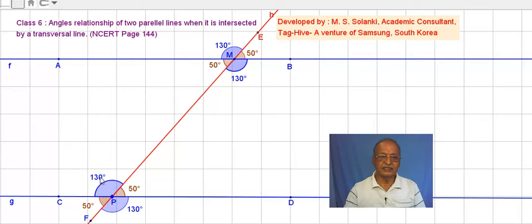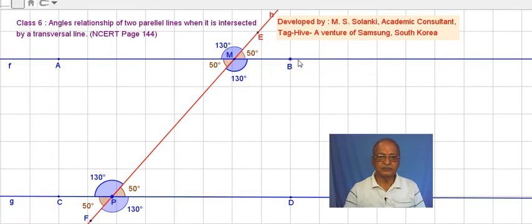These are the alternate interior angles. This 130 is equal to this 130. Alternate angles are equal. Corresponding angles are equal. Another pair of alternate interior angles will be this 50 degree and this 50 degree. They are equal. So alternate interior angles are equal.